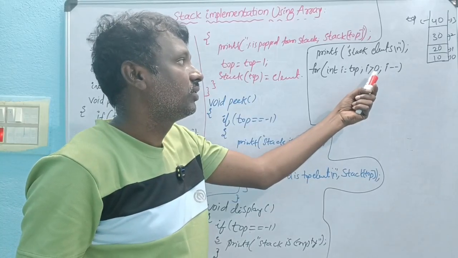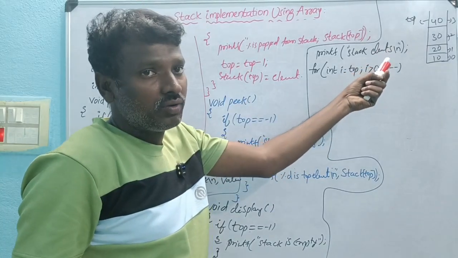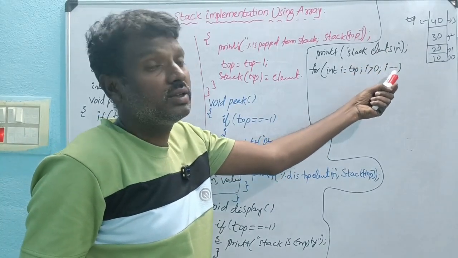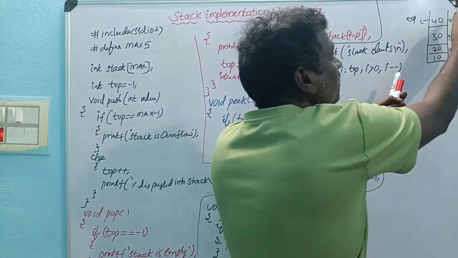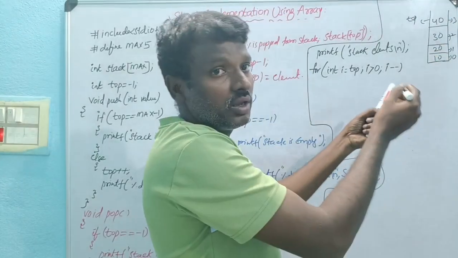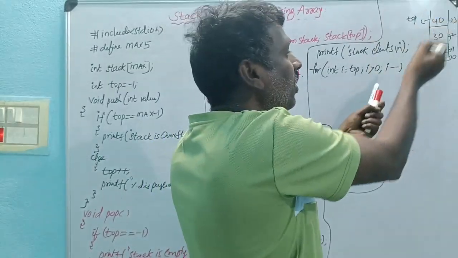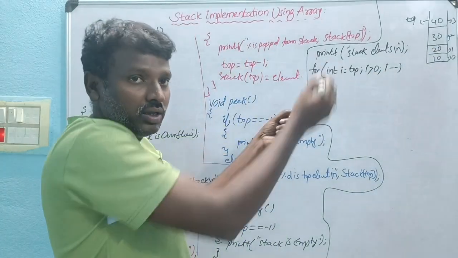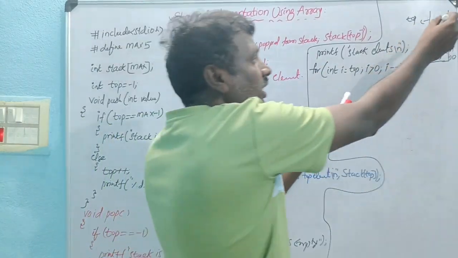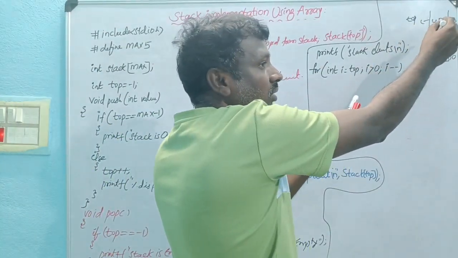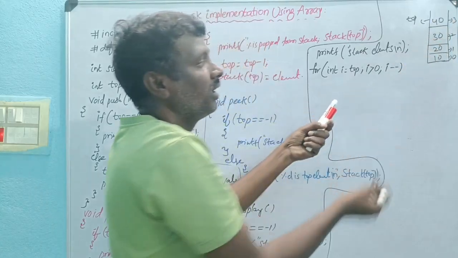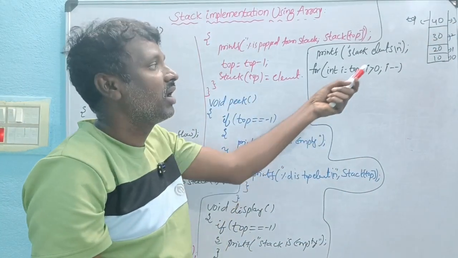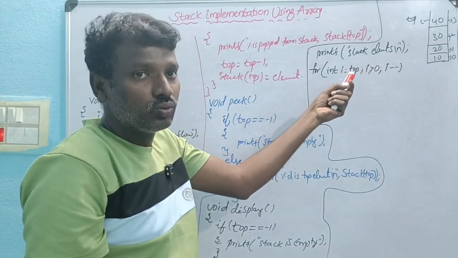After completion of the first iteration, it will be decreasing, not increasing. Decrease means lower values, increase means higher values. Now here decreasing, so 3 is completed, then i value will be 2.